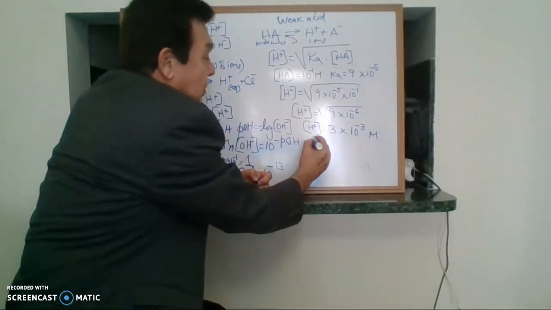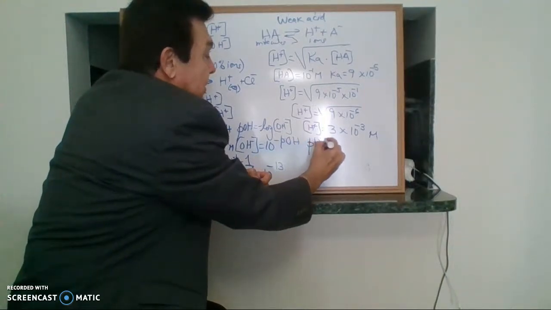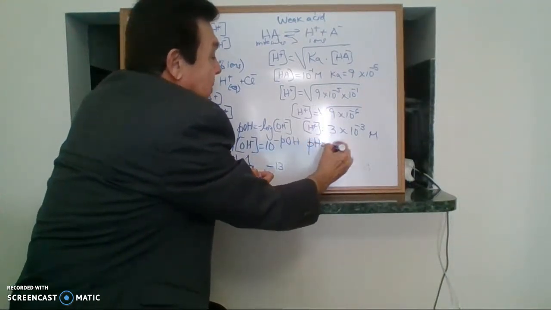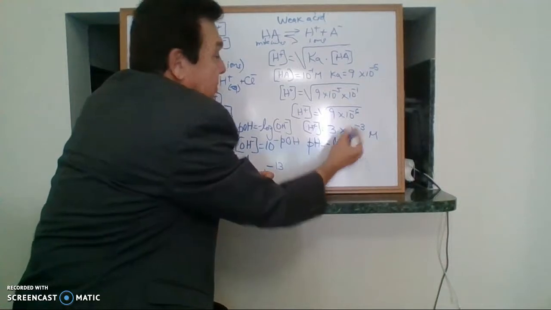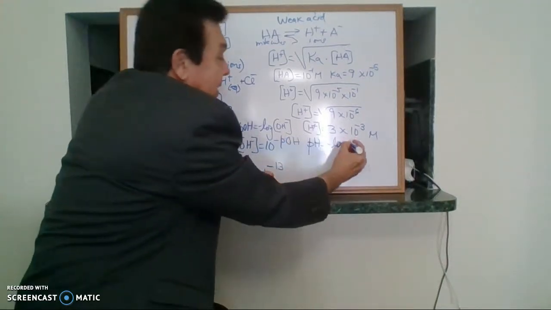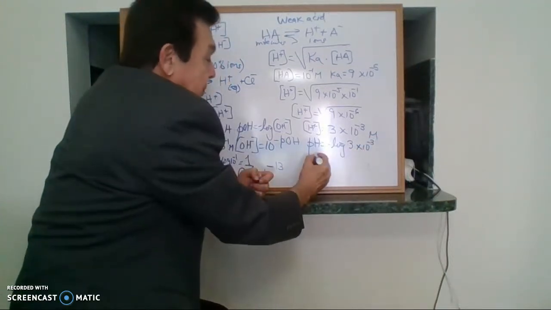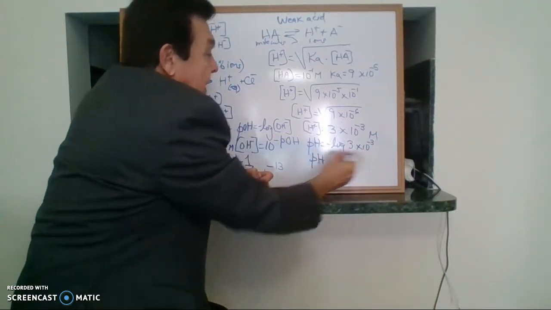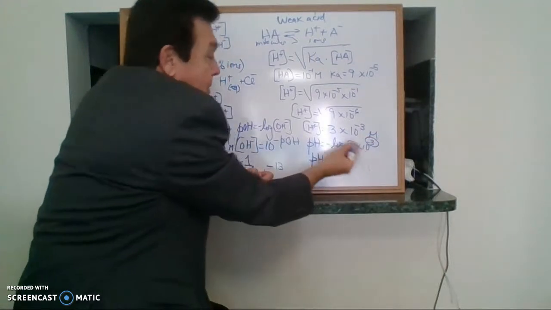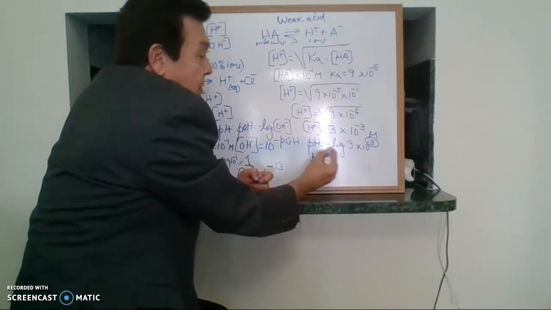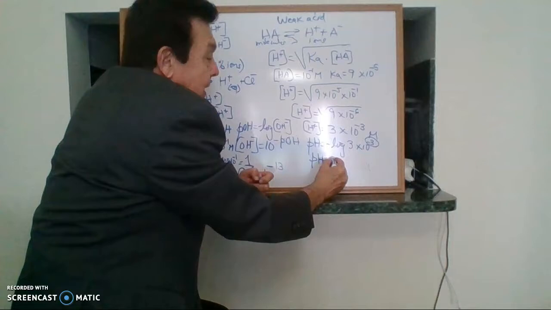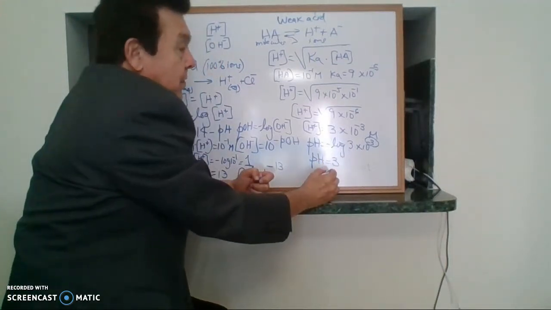So, you can calculate the pH saying that it is minus log the concentration of the hydrogen ion, that is 3 times 10 to minus 3. This 3 that is negative here goes multiplying minus 1, and it will give you positive 3.